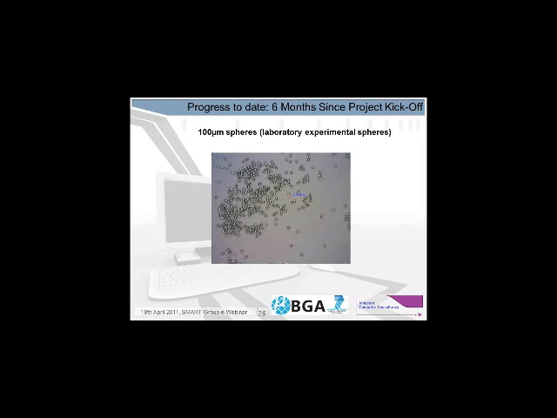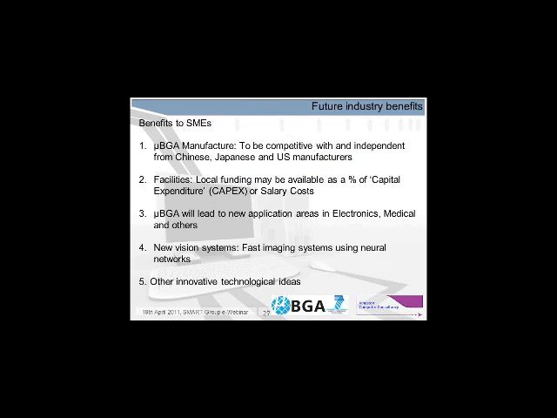So the next question is, where do we go from here? What are the future industry benefits? The core benefits that the EU sees the project providing, in terms of micro-BGA manufacture, is to initially be competitive with and independent from Chinese, Japanese, and US manufacturers.